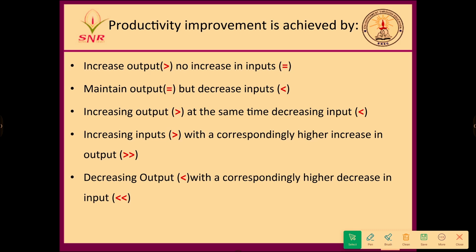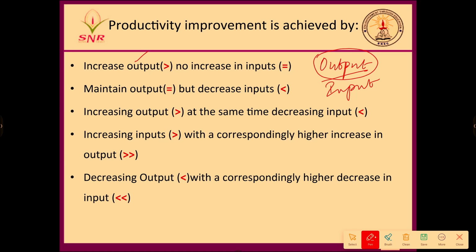So, the methods by which you can increase productivity, as productivity is output by input: the first method is to increase the output and retain the same input, so you increase productivity.